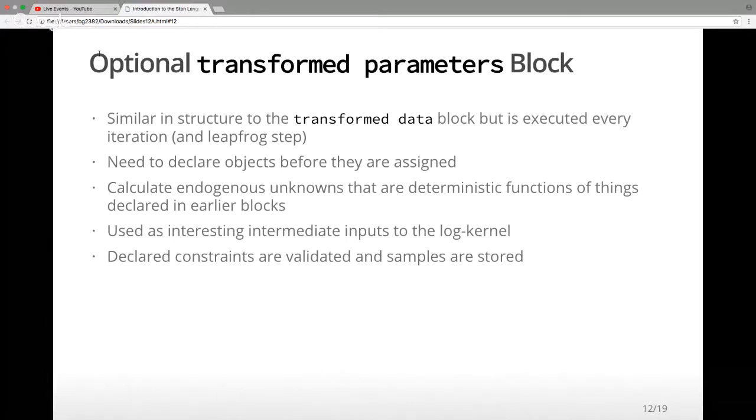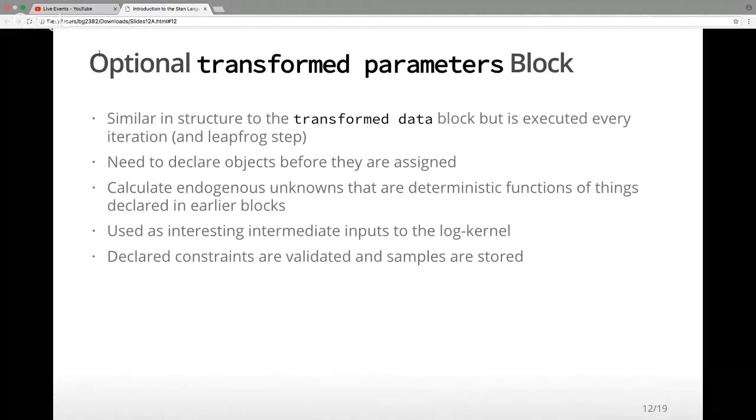After parameters comes another optional block called transformed parameters. This is going to be kind of analogous to transformed data, or transformed parameters is to parameters as transformed data is to data. However, the transformed parameters block, unlike the transformed data block, is executed every time the function is called.